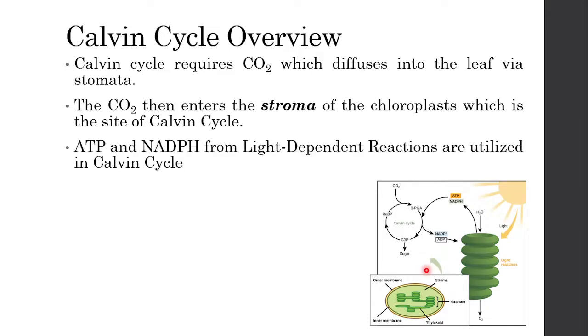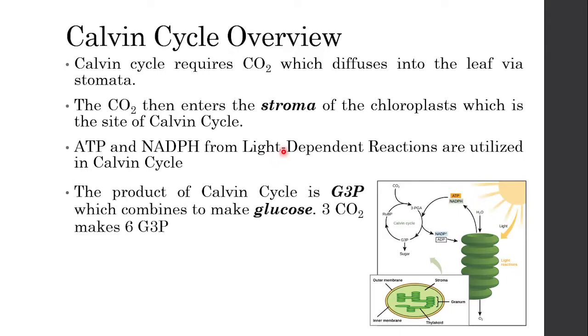Also, in order to do the Calvin cycle, we need the ATP and the NADPH that we created from the light-dependent reactions. And lastly, the ultimate goal of the Calvin cycle is to create G3P, or glyceraldehyde 3-phosphate, which then combines ultimately to make glucose.